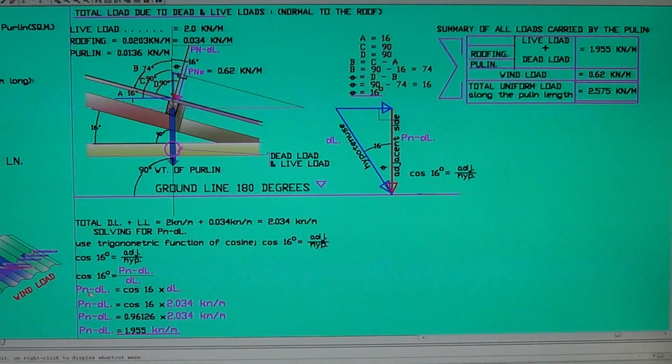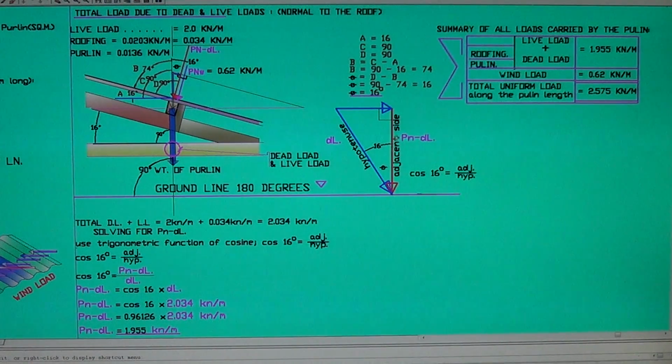Pn DL now, due to the dead load and live load, is equal to cosine 16 degrees times the dead load and live load. We know the value of this, so therefore Pn is cosine 16 times 2.034. Pn due to dead load and live load now is equal to 1.955 kilonewton per meter. Alright, so we solved it, that's easy to solve.